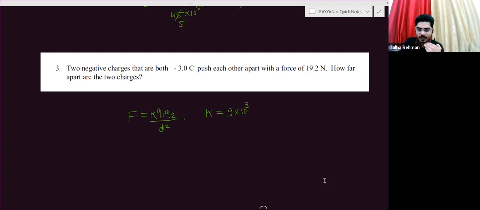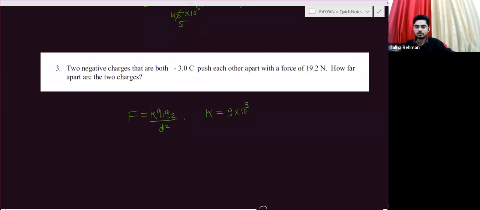In case of the force, I am not saying in case of the charge. We put the value of the charge as positive, because finally we are getting the force. If force is negative, then we will say it is attractive. If force is positive, then we will say it is repulsive. If it is already decided, there is no requirement of the sign.